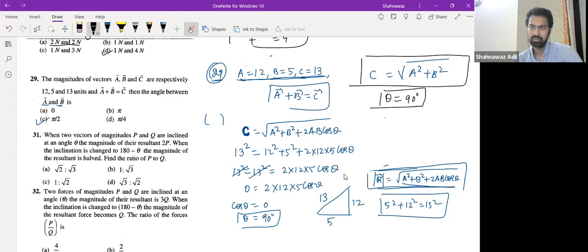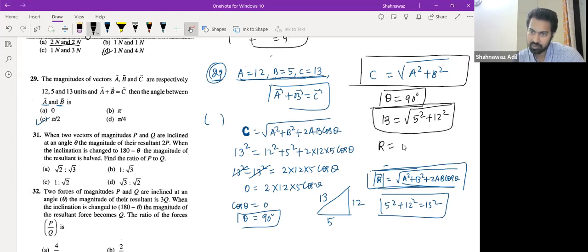We can use this formula also, because you see that your 13 square is coming out to be 5 square plus 12 square, right? So this is following this formula, r square equals a square plus b square. This case arises in which situation?